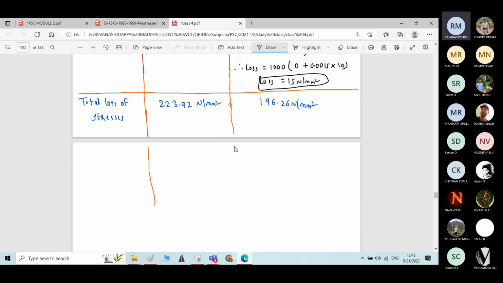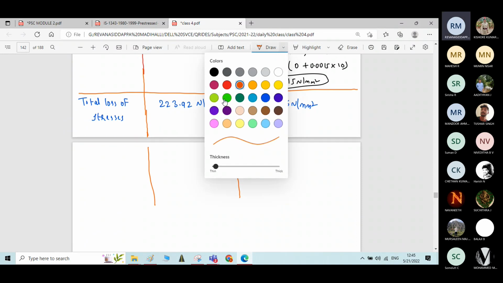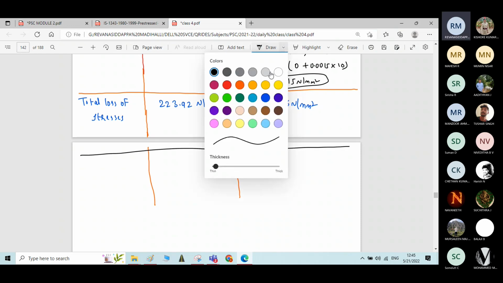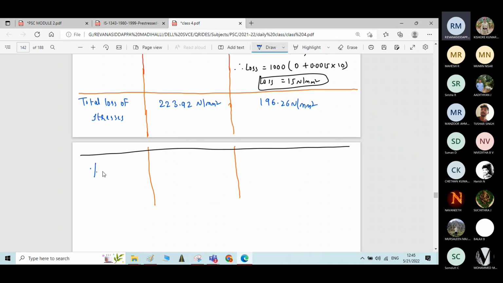Now the percentage of loss. For the pre-tension beam, there is a total loss of 223.92 Newton per mm square out of 1000, into 100.